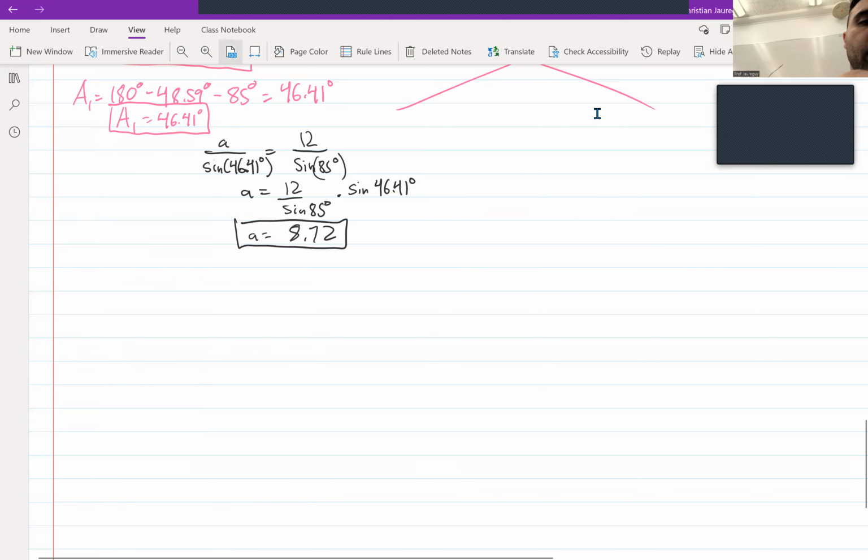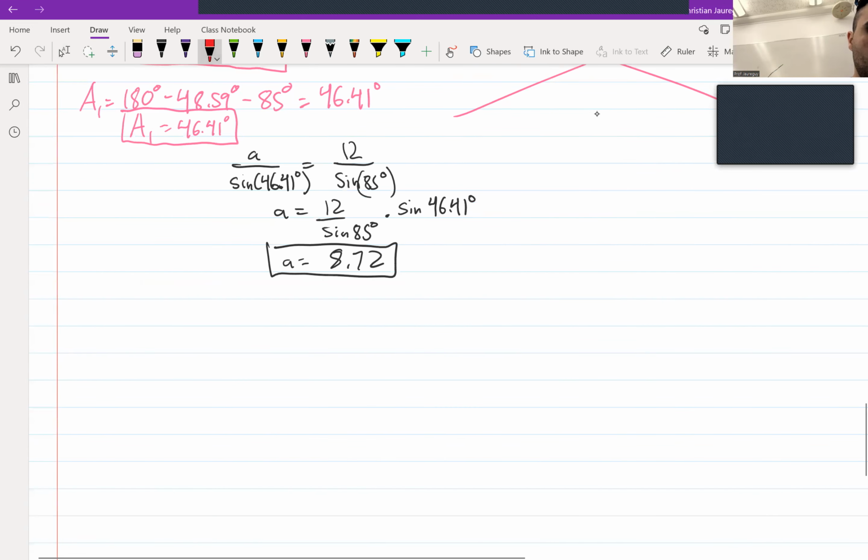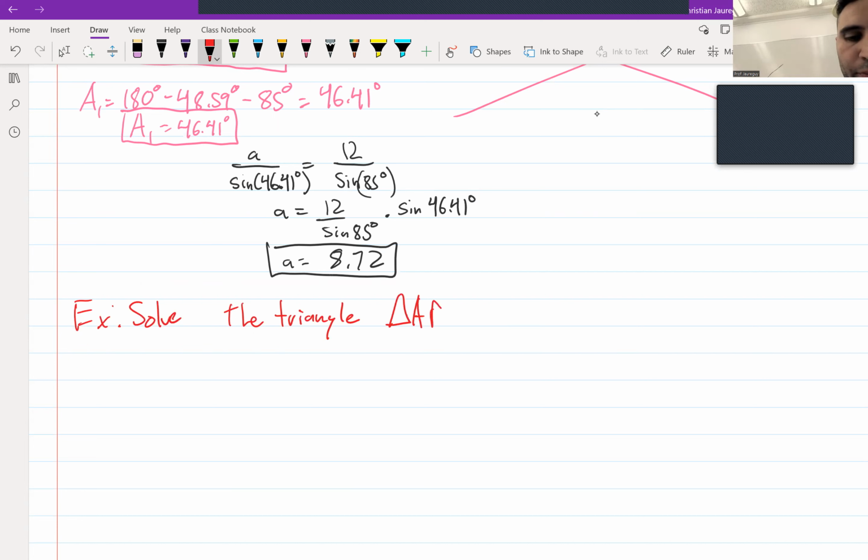Solve the triangle ABC with little a equals 4, big A equals 50 degrees, and little b equals 10. So, I mean, it's getting redundant at this point, right?